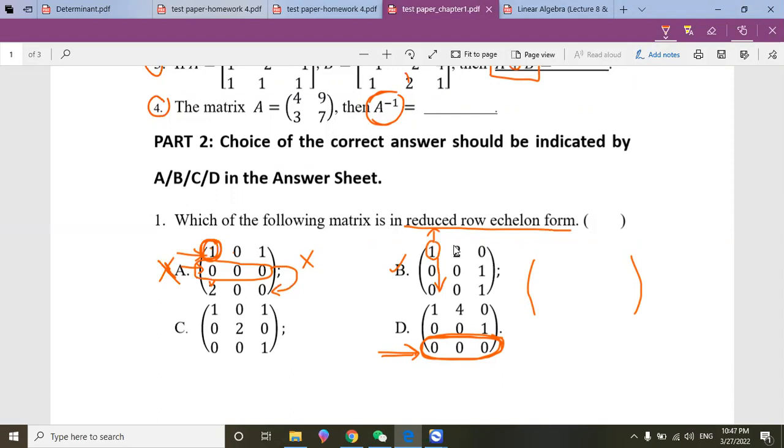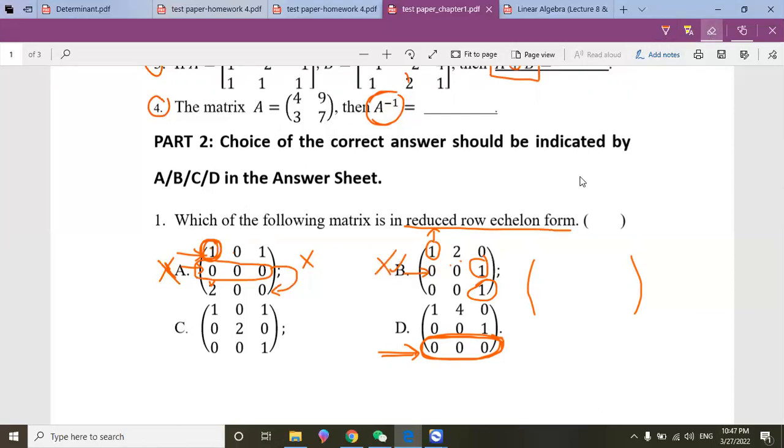And the second pivot point is here, because we don't have any entries before it, so on the second row the first non-zero entry is here, right? 1. So we need to see if all the entries above and below this pivot point are 0 or not. So this is also not RREF.